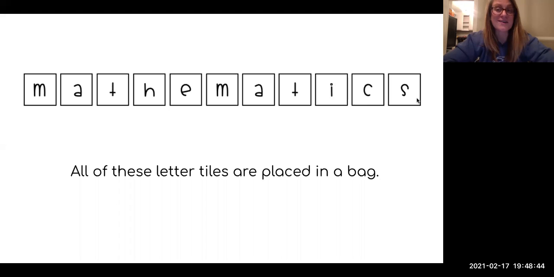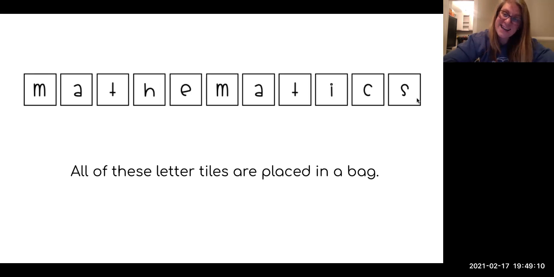Which letters are least likely to be drawn? We have H, E, I, C, S, because there is only one of each of those letters.